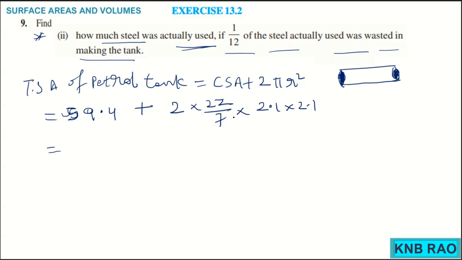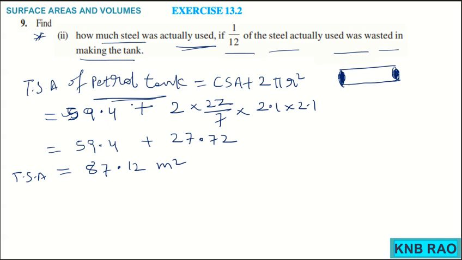So here on simplification of this you will get 27.72 meter square added to 59.4 meter square. So put together it gives you 87.12 meter square. This is the TSA of this petrol tank.